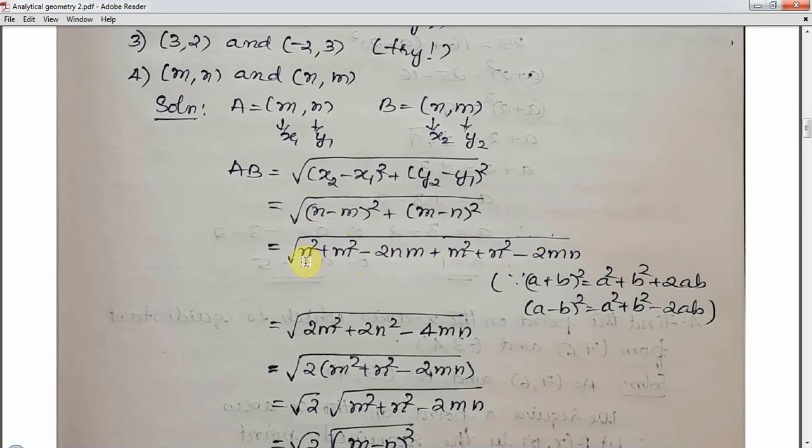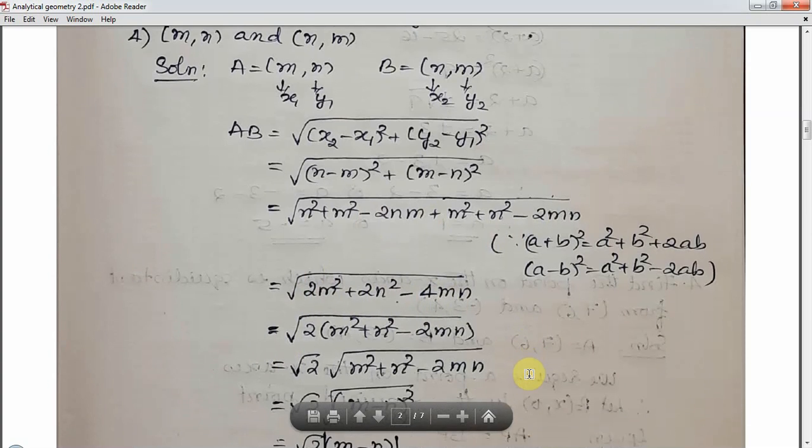Then n square becomes 2n square, m square becomes 2m square, minus 2mn becomes minus 4mn. So this is the square root of 2, I can take common, (m square plus n square minus 2mn).